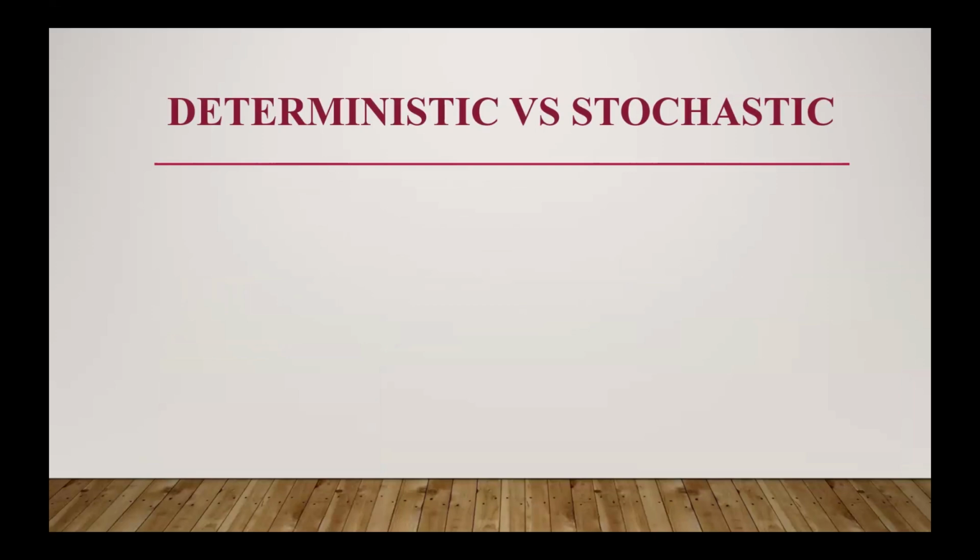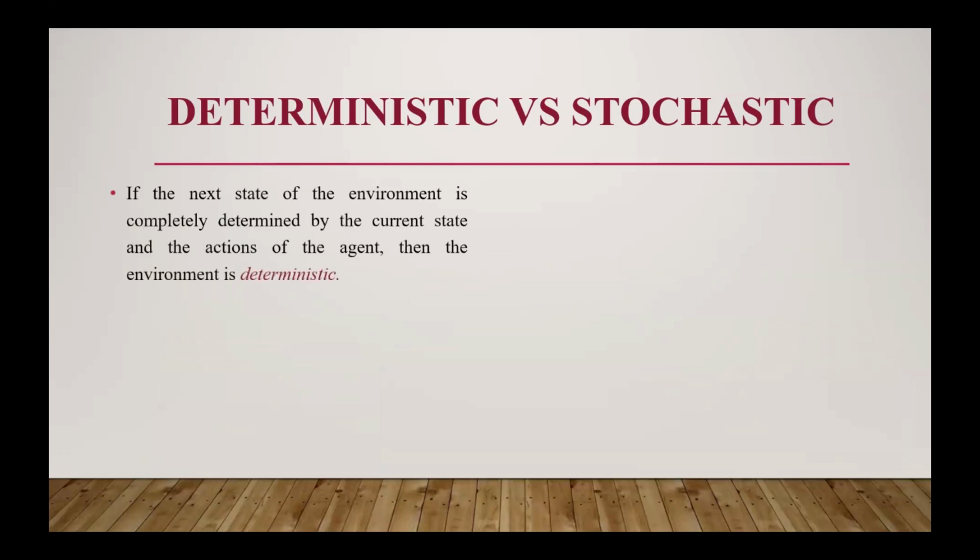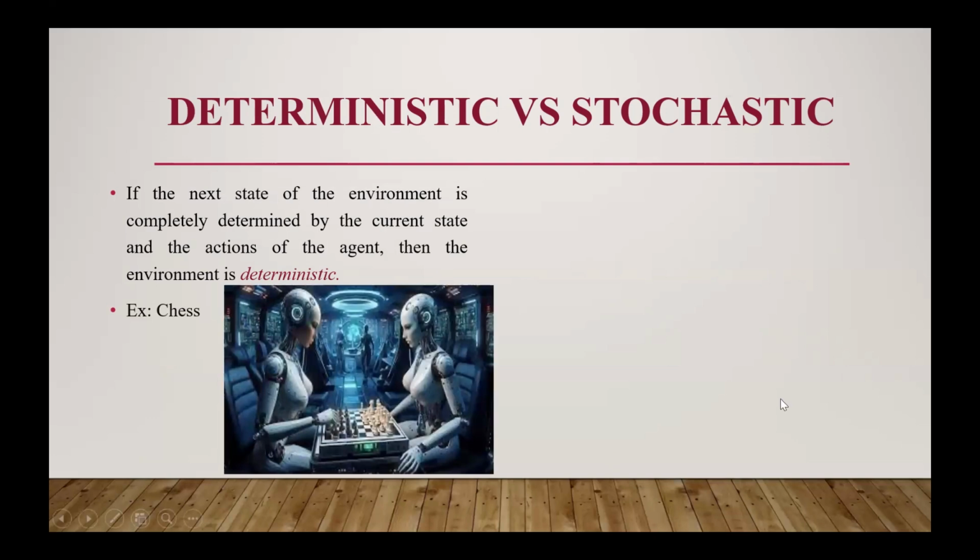Next one is deterministic or non-deterministic, also called stochastic. If the state of the environment is completely determined by the current state and action, then it is called deterministic. For example, the case of chess. Here, two agents are present to perform the game of chess.